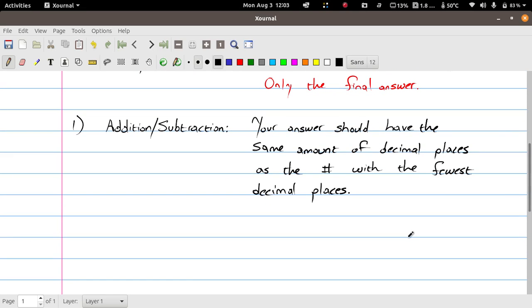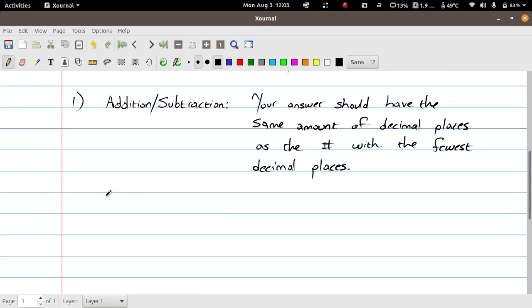Okay, so let's do two quick examples about this. I'll do one with rounding up, one with rounding down.